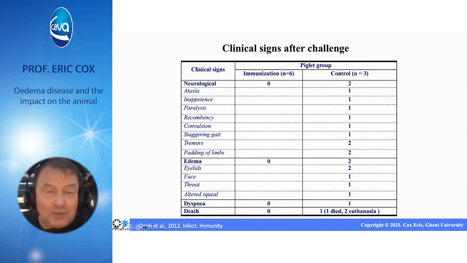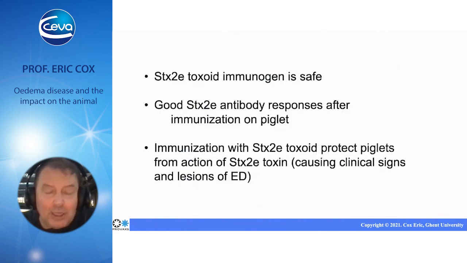So this showed that this toxoid vaccination was very efficient in preventing infection. So the ST toxoid immunogen is safe. It induces a good antibody response after immunization, and immunization with the toxoid protects piglets from development of neurological signs of oedema disease.